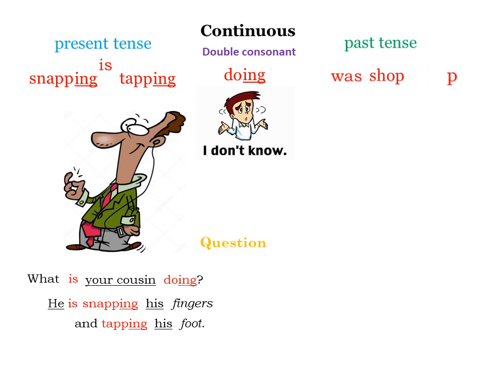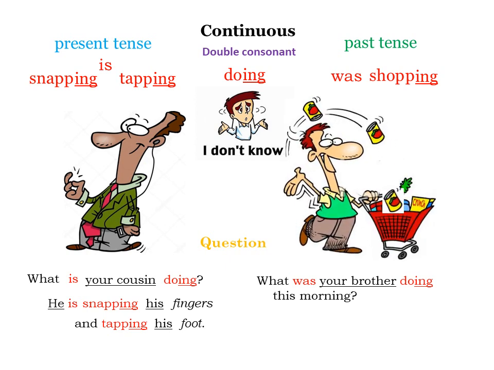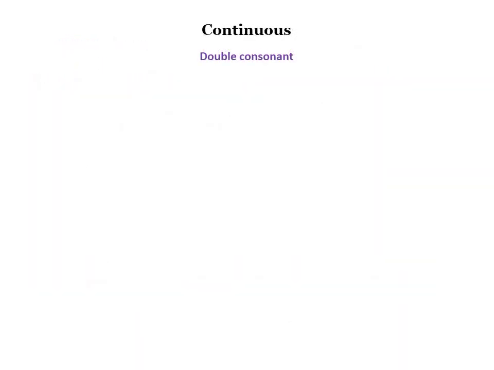Past tense was shopping. Question: what was your brother doing this morning? He was shopping for groceries. Present tense is dropping.